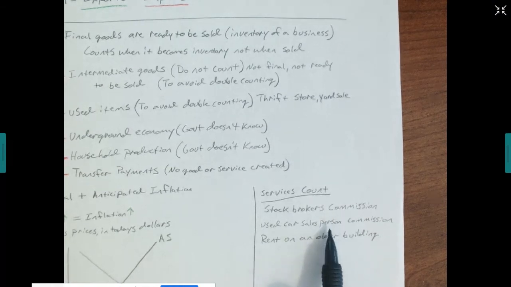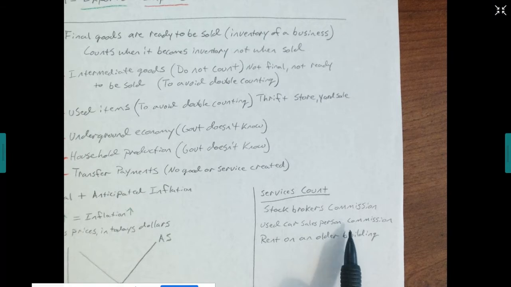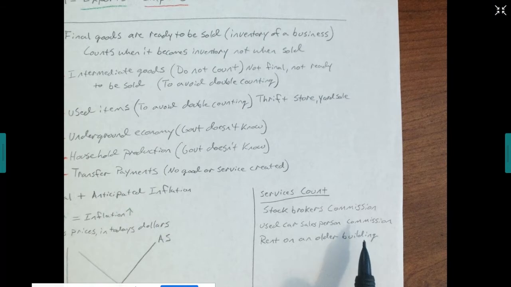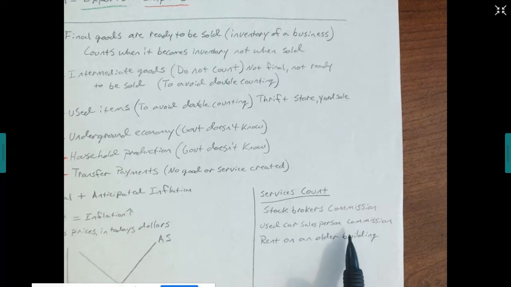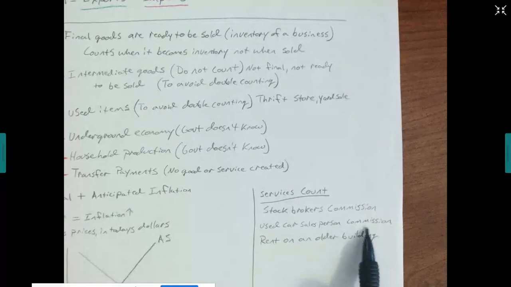If someone were to sell you a used car, the income that they received on top of the used car's value would be their commission. For example, if they sold you a used car valued at $10,000, but they sold it to you for $10,500, that $500 would be their commission and would count.